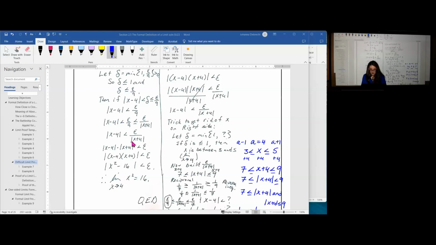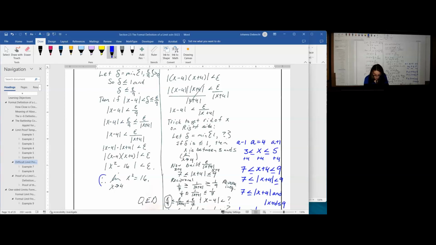Now that we've gotten to this step, it gets easier. Multiply both sides by the factor x plus 4, combine them into the same absolute value, and then multiply them to get back the function minus 16. Therefore, the limit as x approaches 4 of x squared equals 16, and we write QED.